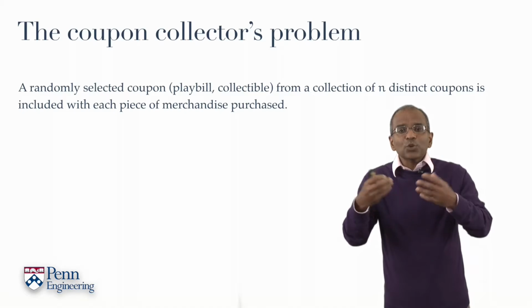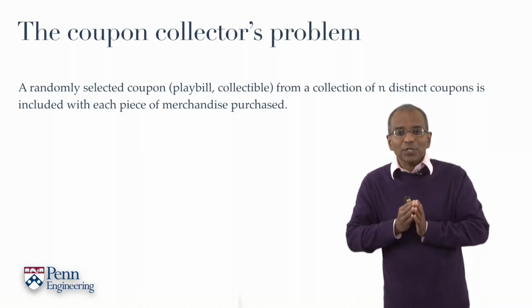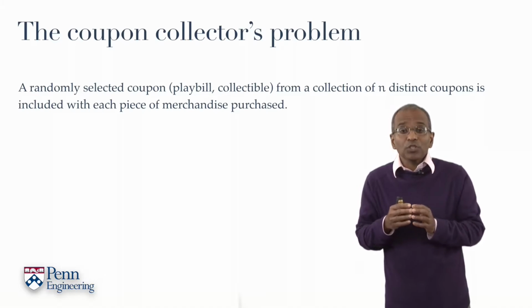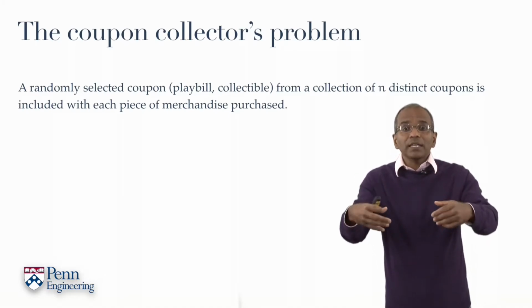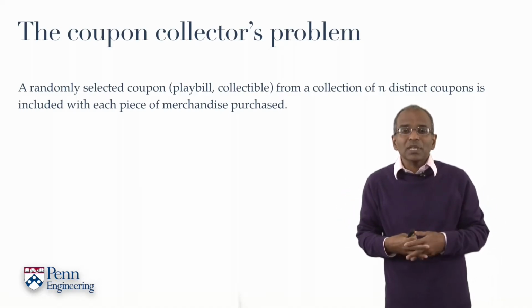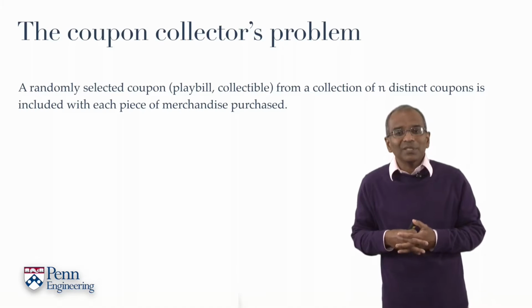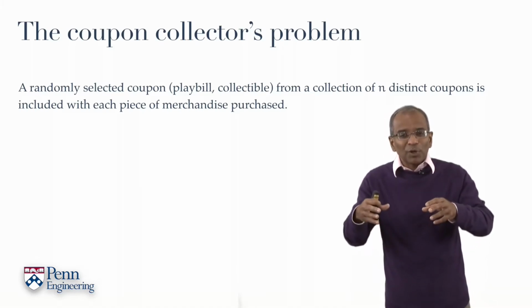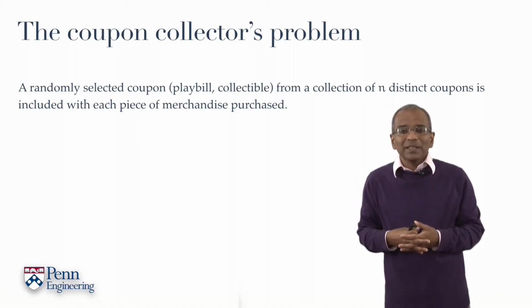These playbills are chosen at random and inserted into these pieces of merchandise that you purchase. Of course, an emotional public flocks to this manufacturer and starts buying these novelty gadgets in large numbers, hoping to collect all the original Gilbert and Sullivan playbills. Of course, we want to properly abstract away the trappings of this problem.